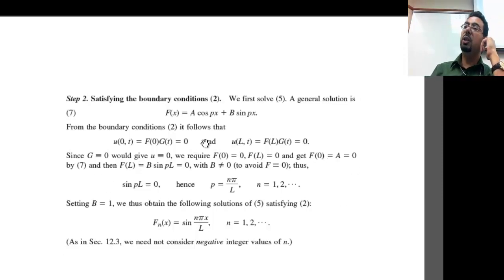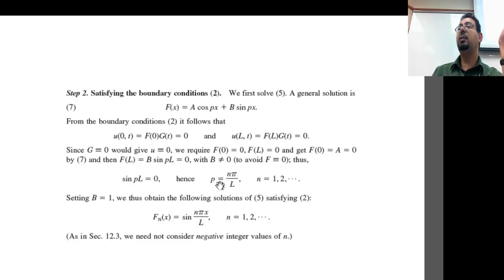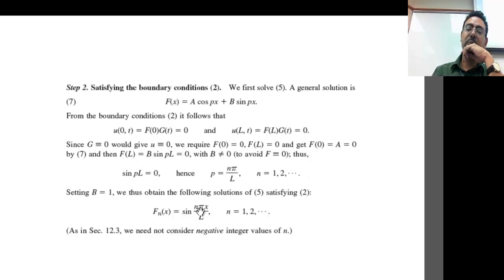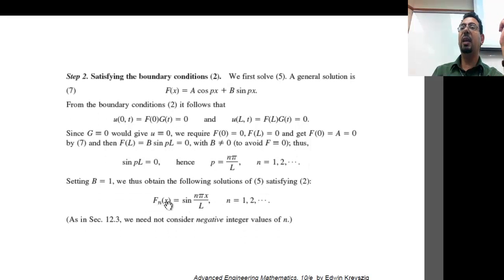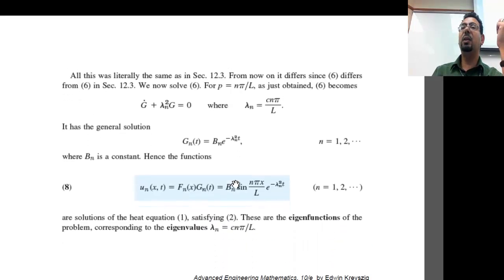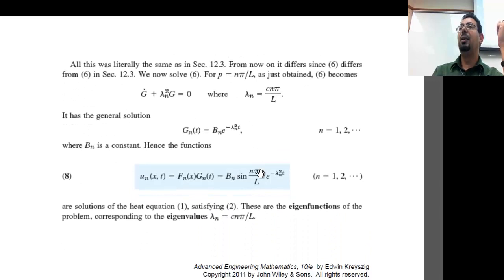So using the two boundary conditions, he will be able to get the sine of n pi x over L like we did before and get the n, and now he got his f of n. He will take this and try to solve for the g.